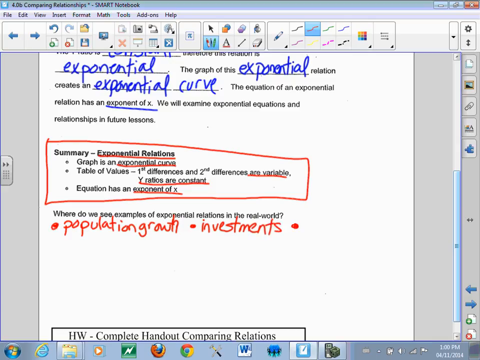Or say you need to get a loan for school or for a car or for a mortgage. They will also be like that. And speaking of a car, if you get a car, it's going to depreciate. That's just going to go down in value. And that's also an exponential. So depreciation.